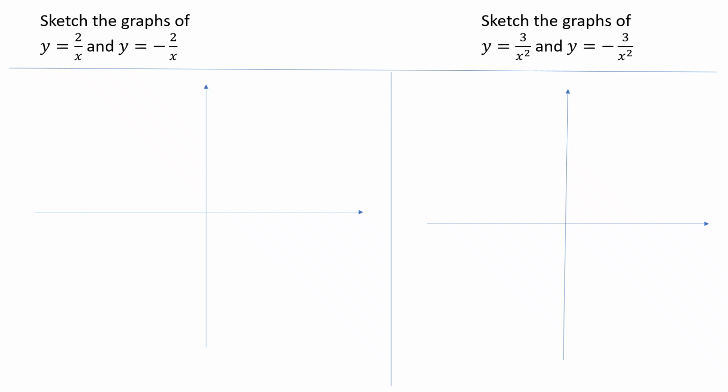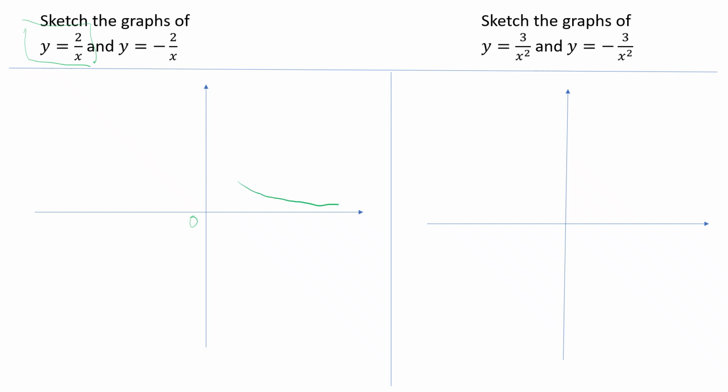Take the graph of y equals 2 over x and y equals negative 2 over x. So first I am going to draw the graph y equals 2 over x, the green line. When x is positive, y is positive. When x increases, y is going to reduce.